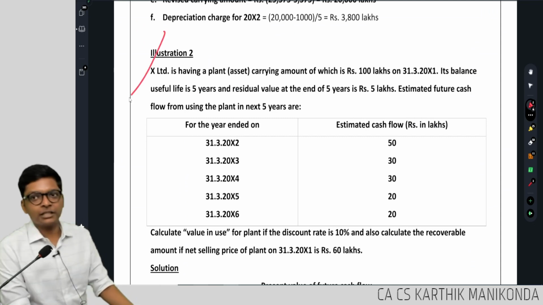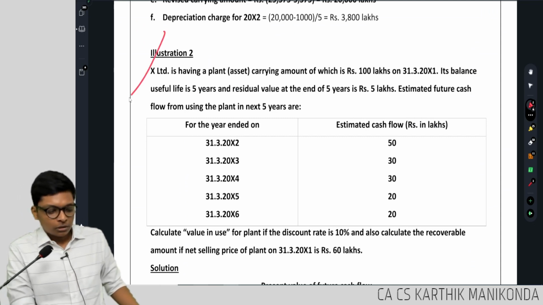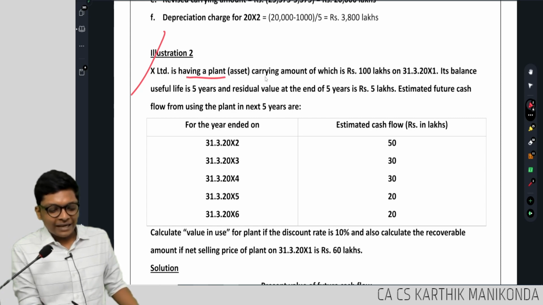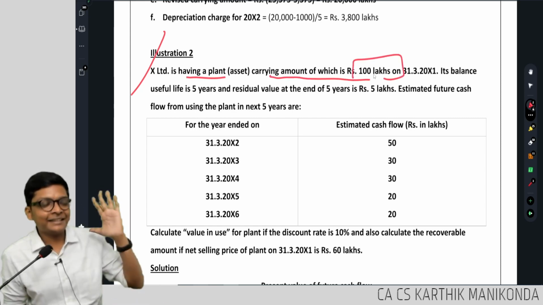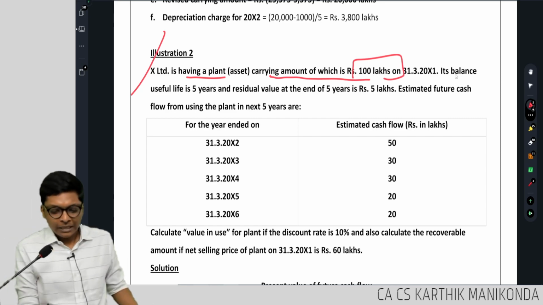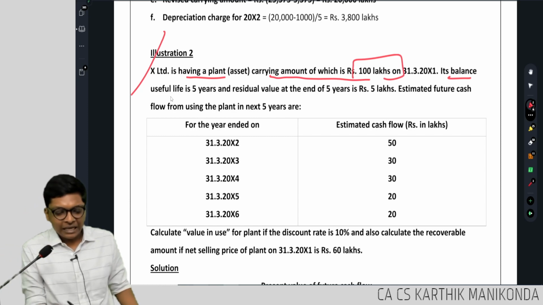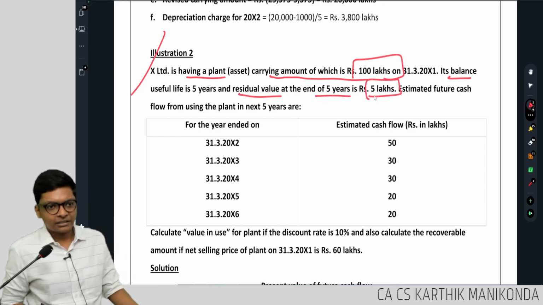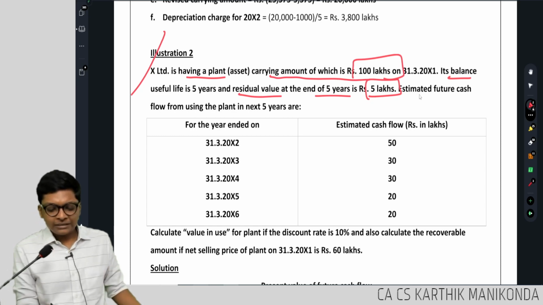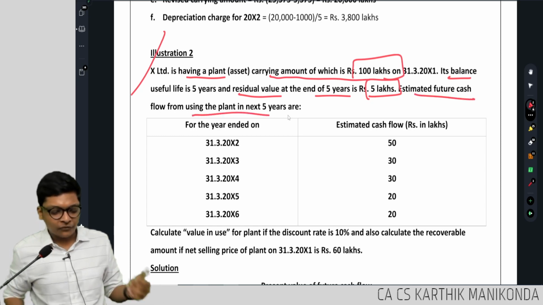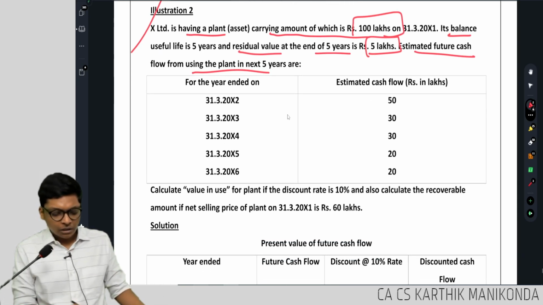Illustration number 2. Let's do illustration number 2. X Limited is having a plant asset carrying amount of 100 lakhs. He has given carrying amount. Its balance useful life is 5 years and residual value at the end of 5 years is 5 lakhs. Estimated future cash flows from the plant for the next 5 years is given.